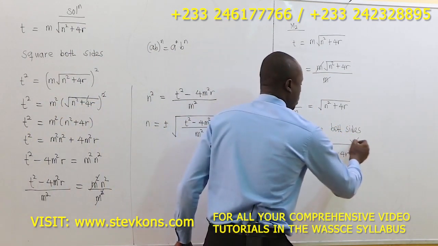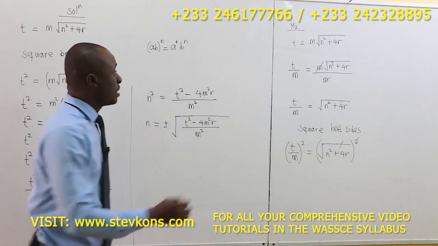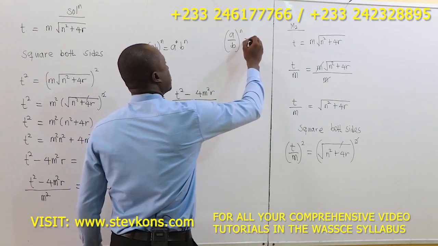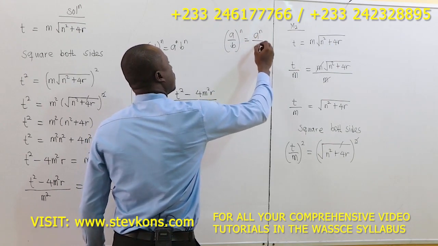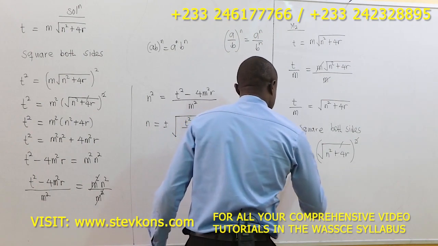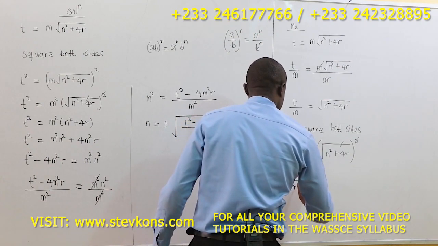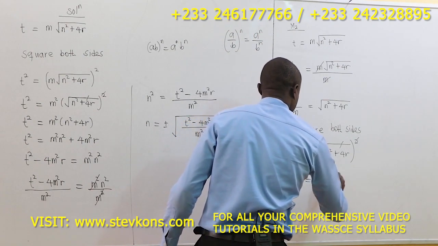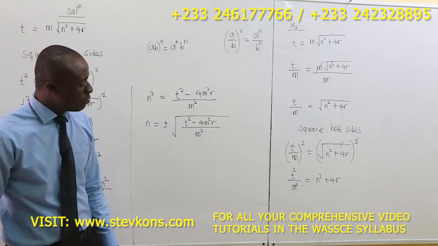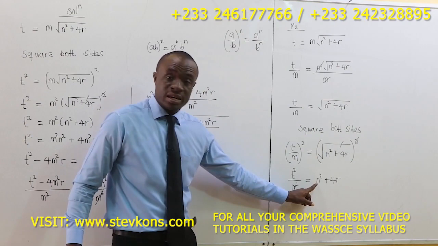Now the square cancels the square root, but then if you have a over b to the power n, this is a to the power n over b to the power n. So clearly this is the same as t squared over m squared equal to n squared plus 4r. Now we want to make n the subject.